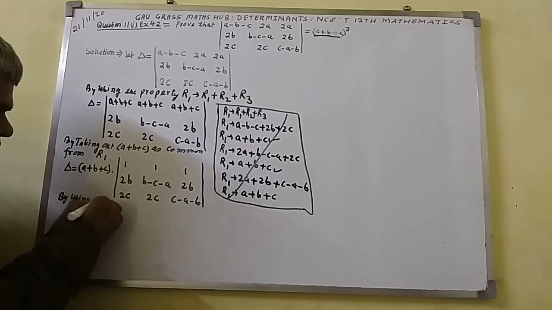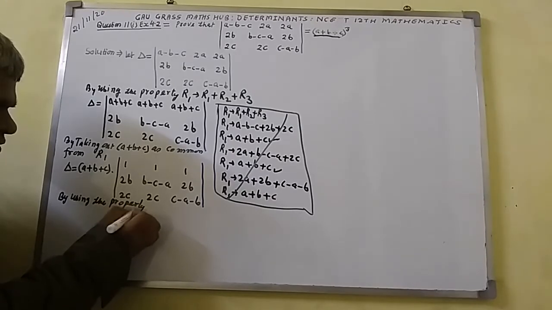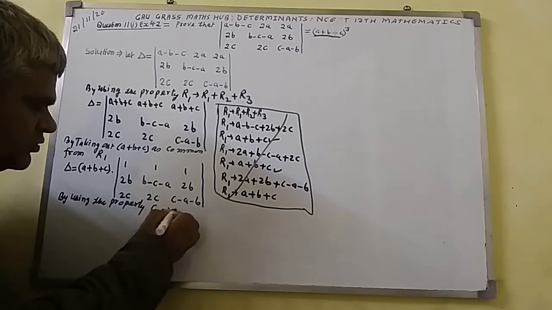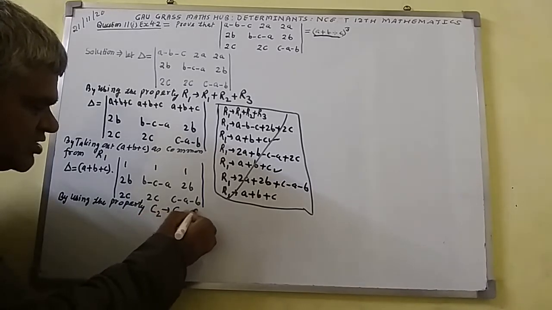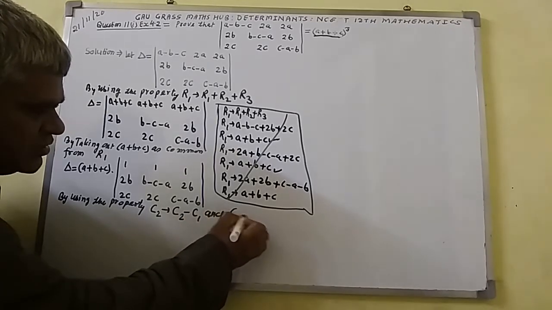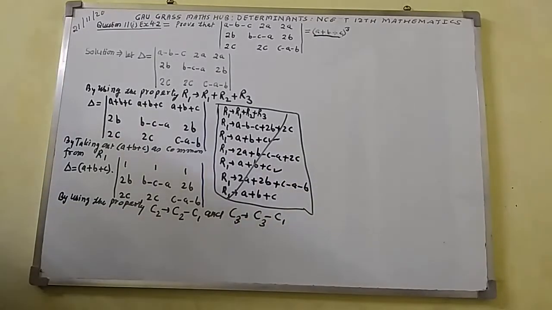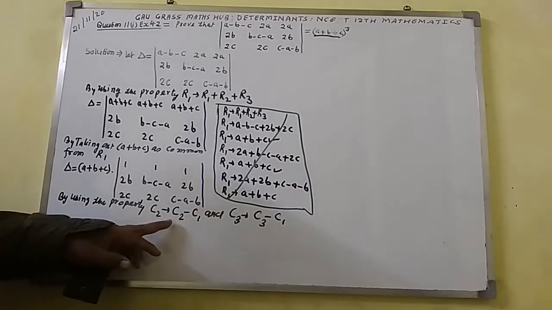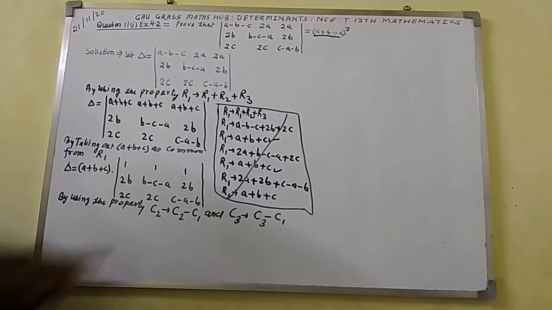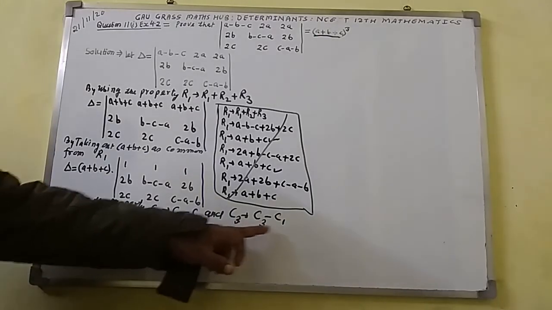By using the property C2 goes to C2 minus C1 and C3 goes to C3 minus C1. This property I shall use here.